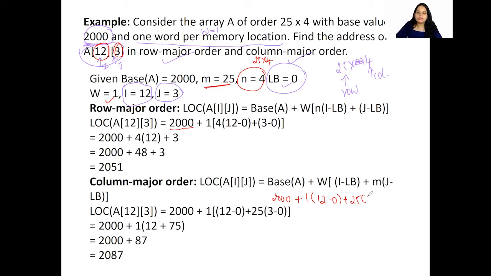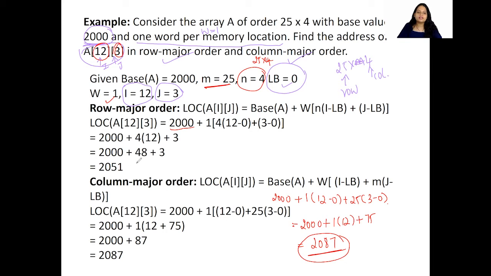So 2000 plus 1 into 12 plus 25 into 3, which is 75. When we total it together, we get 2087. This is the location of this data item in column major order.